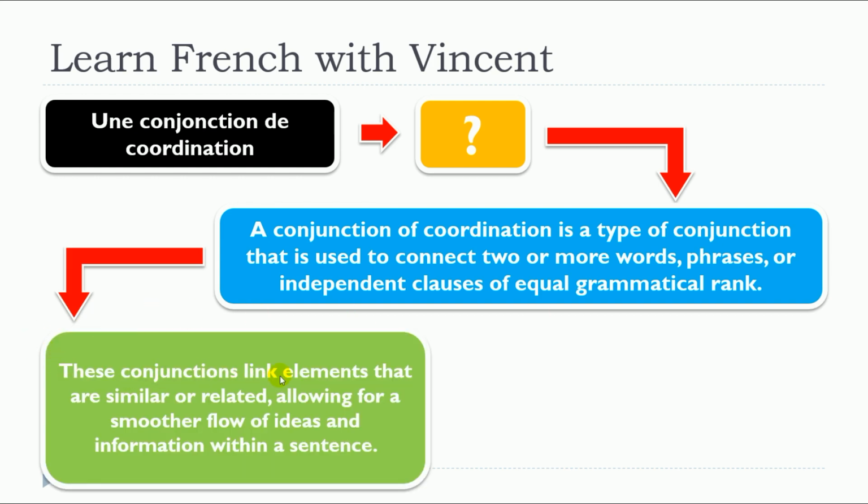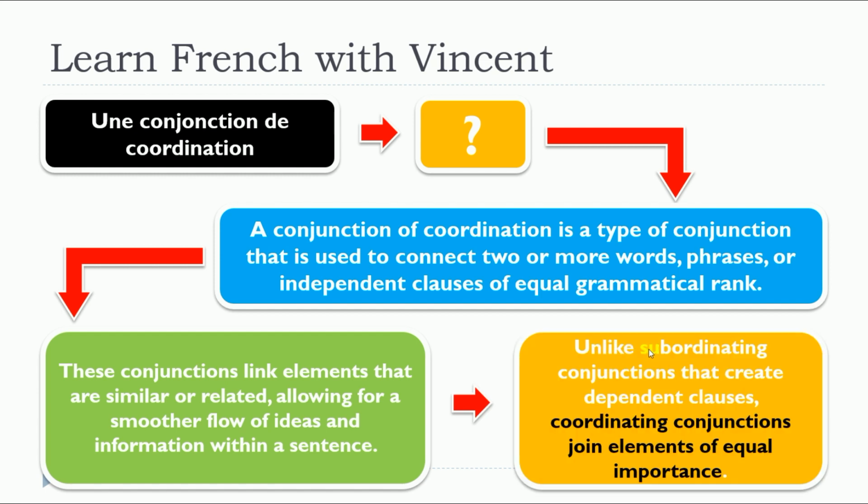These conjunctions link elements that are similar or related, allowing for a smoother flow of ideas and information within a sentence. So it will give you the possibility to make your sentence breathe a bit and to have a smoother flow of ideas in the sentence.